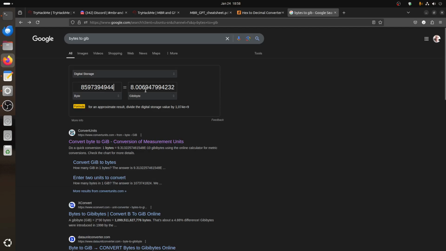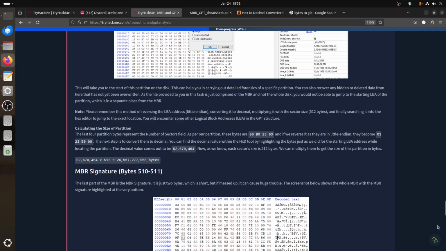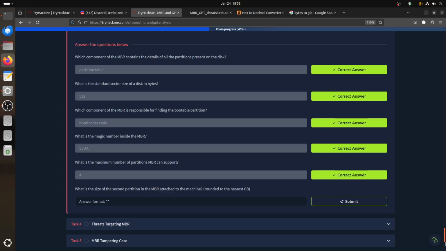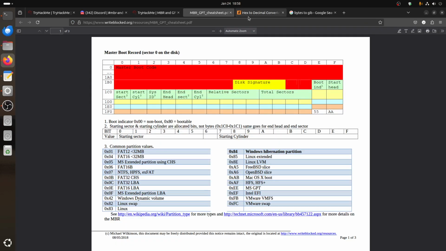It said 80. Did we do anything wrong here? Why does it say 8? What is the size of the second partition attached? Rounded to the. Why am I finding it 8?